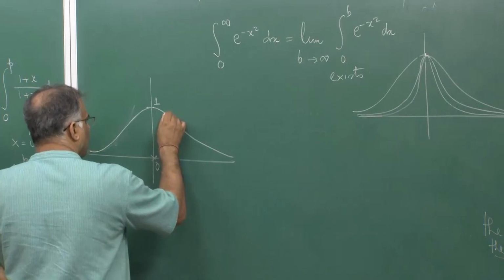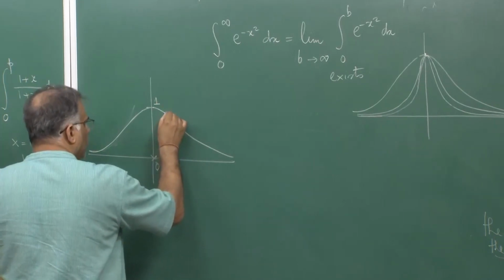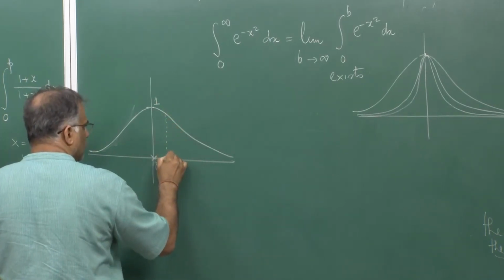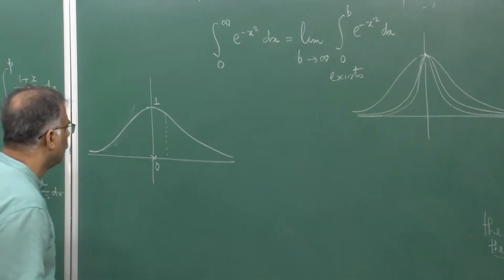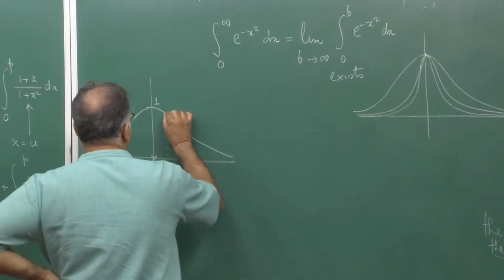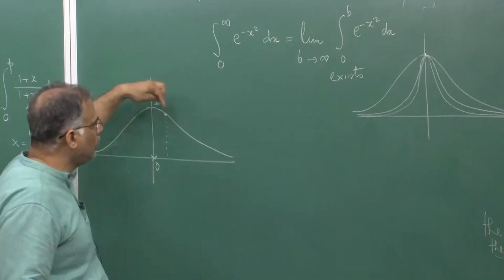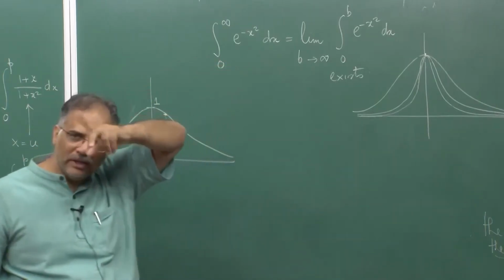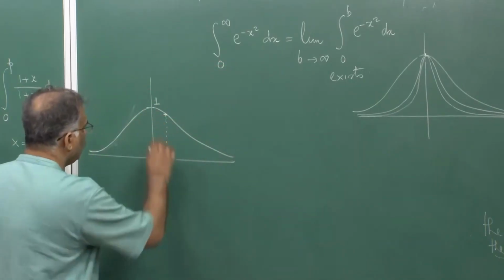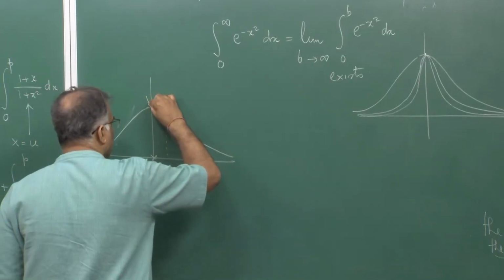Now you observe, if I take up to 1, I will tell you why I am doing up to 1. The reason is as follows. At x equal to 0, e to the power minus x is also 1, and the graph of e to the power minus x comes in like this.